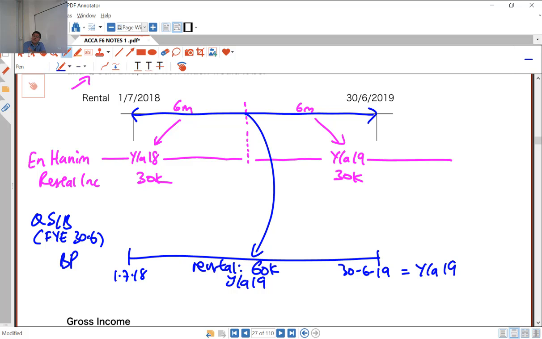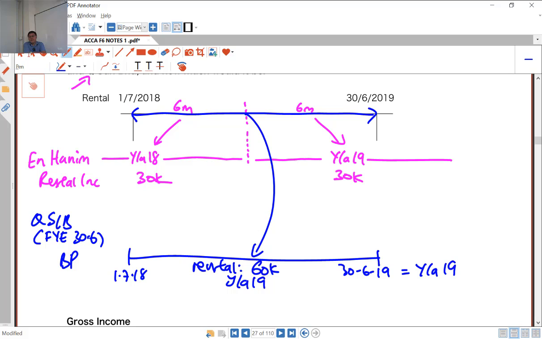If you change year end, you change your basis period. And when you change your basis period, you change the amount of income that you'll be assessed under. That's why sometimes when companies realize that they want to reduce taxes, they can change their year end so that they will be exposed to less tax for that period.